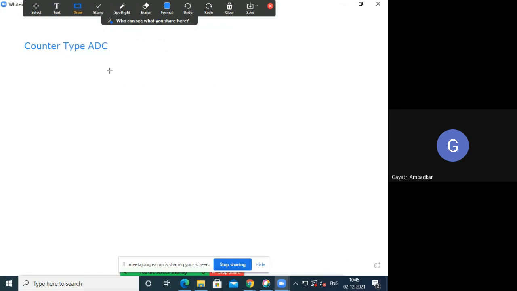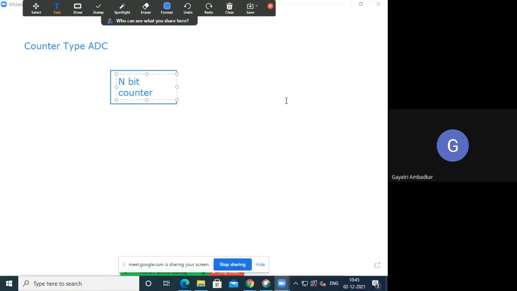You will be using an n-bit counter. What is this? N-bit counter. Have you studied n-bit counter in digital electronics? Your portion is over, I think. So you must have studied counters. Digital counter, have you studied or not?